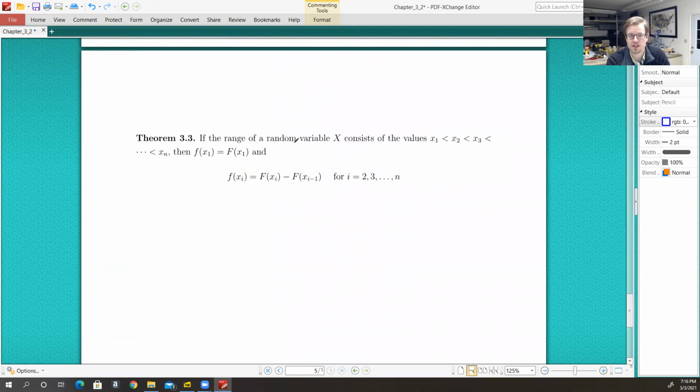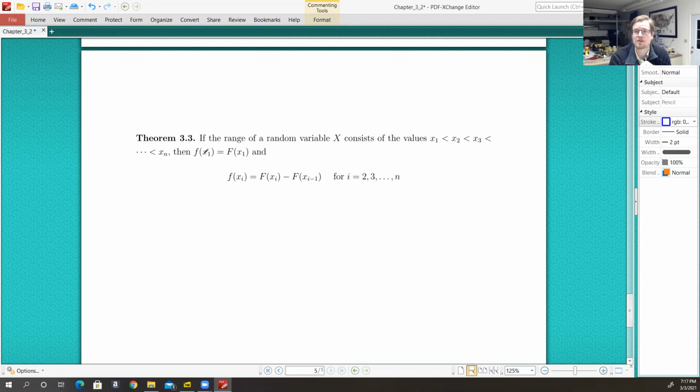So if the range of a random variable x consists of a finite number of values, being listed here in ascending order, right? Strictly, it'd be ascending because you wouldn't have two of these being the same, otherwise it would just be that one value. So if these are the possible values in the range of the discrete random variable, then we have two things.